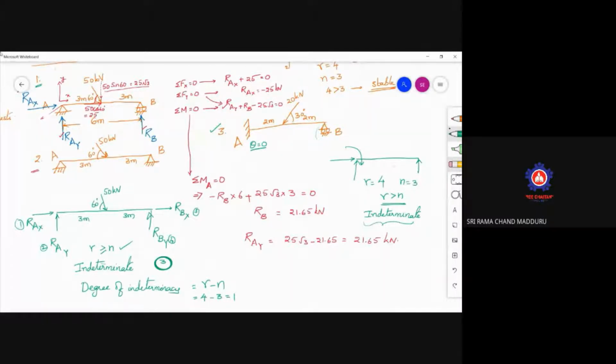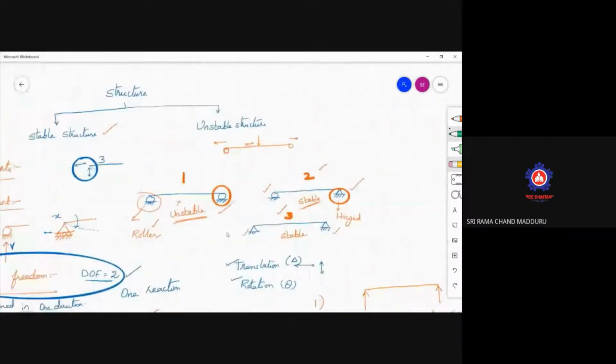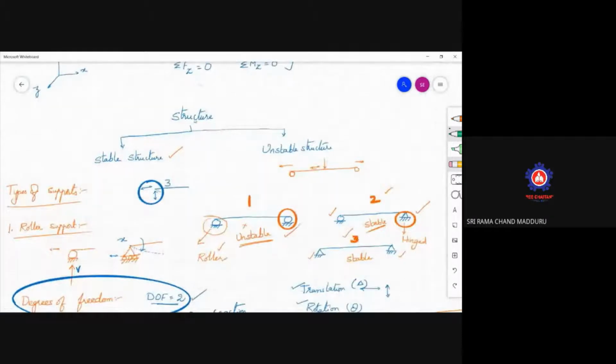In structural analysis, once again, some of the problems we will analyze with the help of equations of equilibrium. Some like we will classify the structure now. Just let me go back to the classification that we started here. What we have written: a structure is classified as a stable structure as well as an unstable structure.